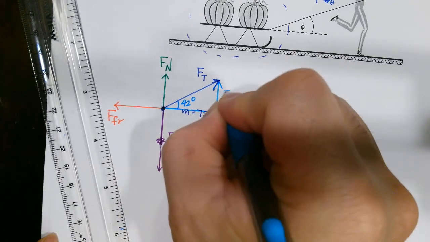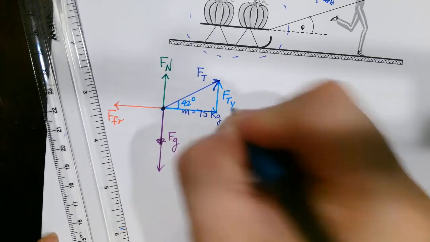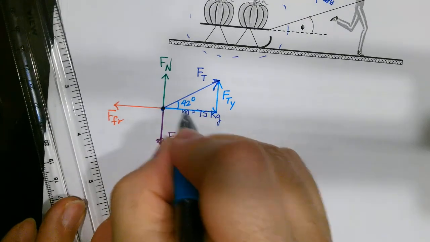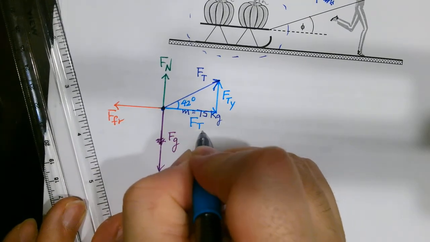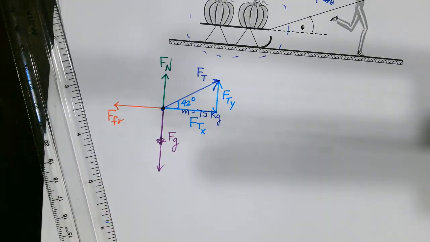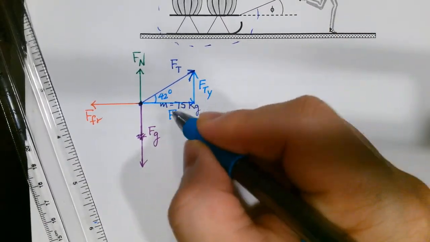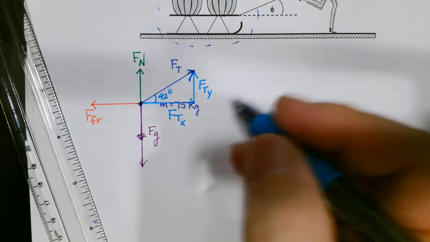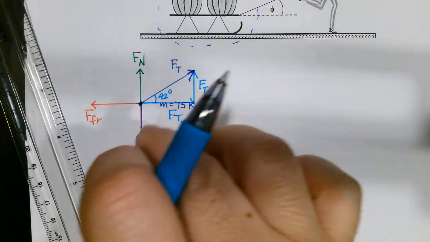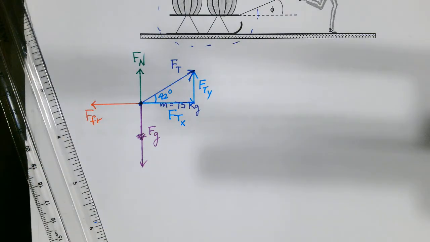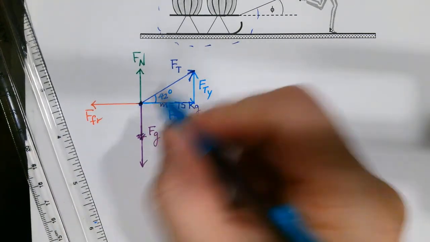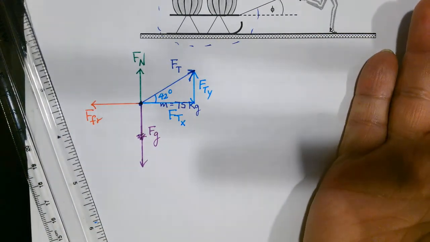And this is F tension Y. And this right here is F tension X. So let's calculate what these F tension X and F tension Y are so we can actually have everything on the axis of X and Y, because this is sort of like in the XY plane.